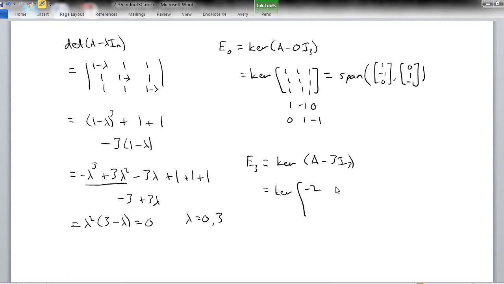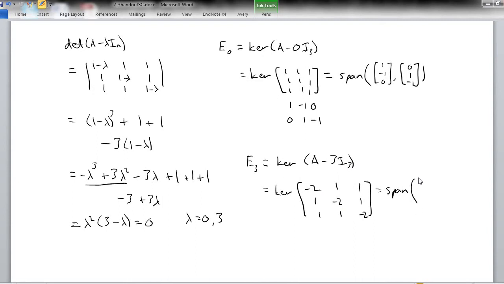So we get negative 2's on the main diagonal. And can you see a linear combination of the columns that equals 0 this time? If you stare at it for a little while, you might realize that just the sum of the 3 columns is going to be 0, right? Negative 2 plus 1 will be 0, and so on.